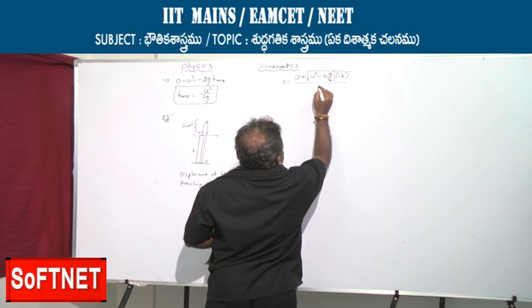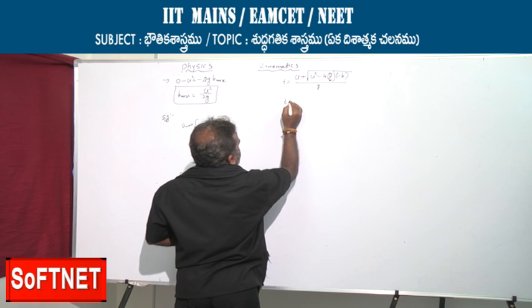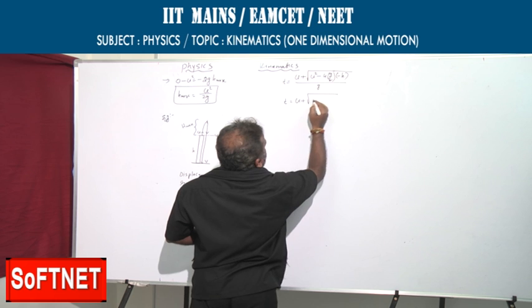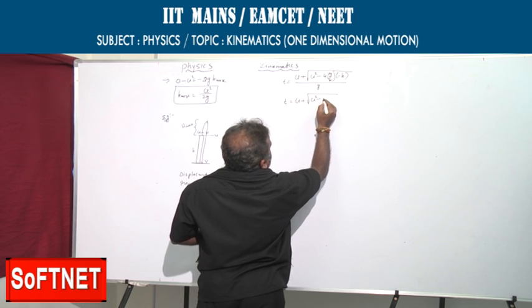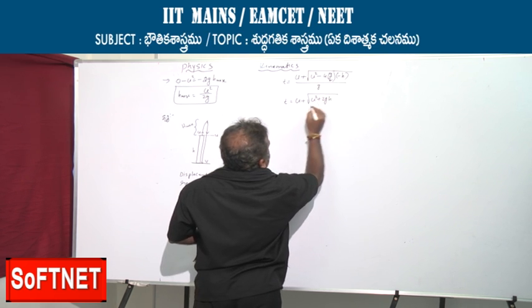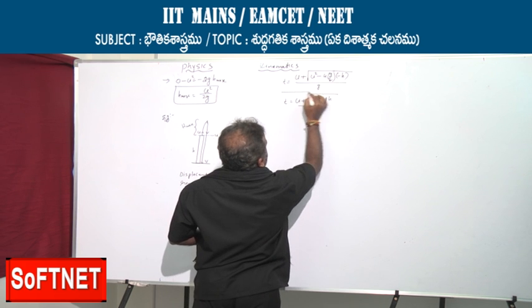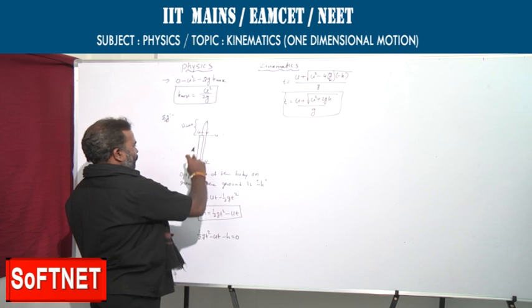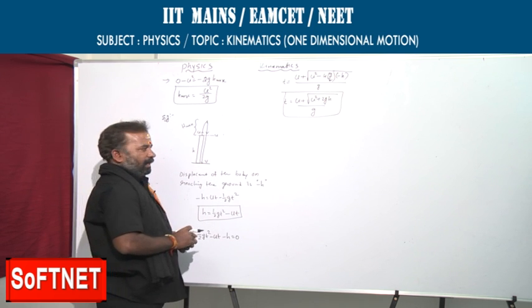So ultimately time is equal to u plus root of u square plus 2gh by g. This is the time taken by the vertically projected body to reach the ground.